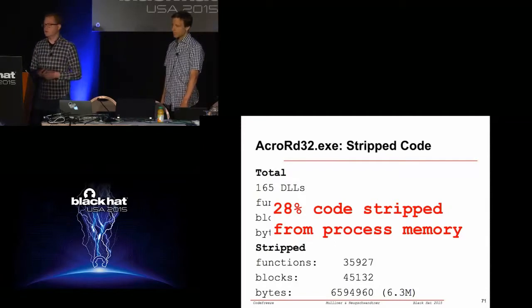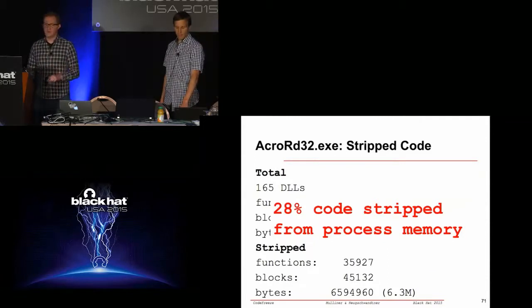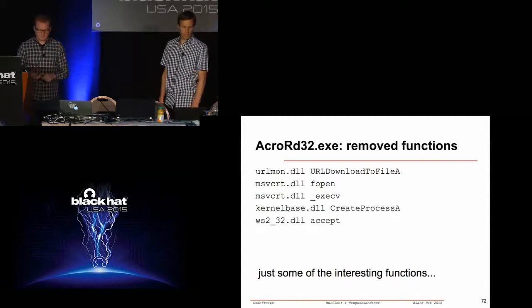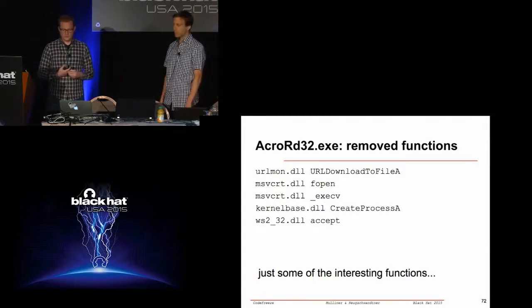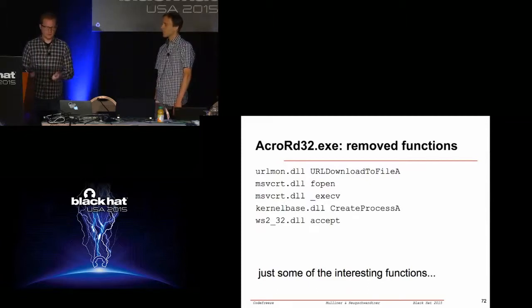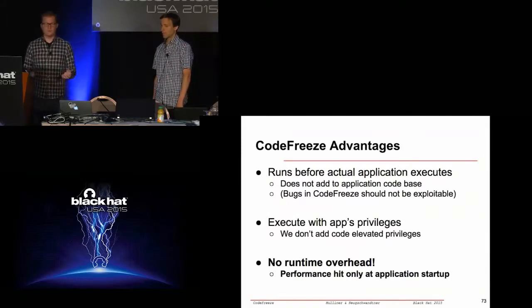In this case, you are still able to strip 28%. I think it's actually 28.9, but say 28% of code from Adobe Reader. Some of the more interesting functionality that gets stripped is CreateProcess or accept.